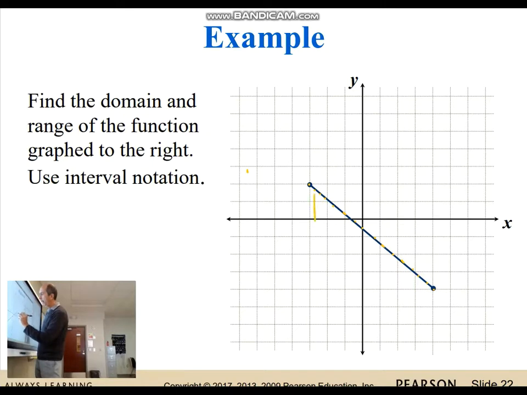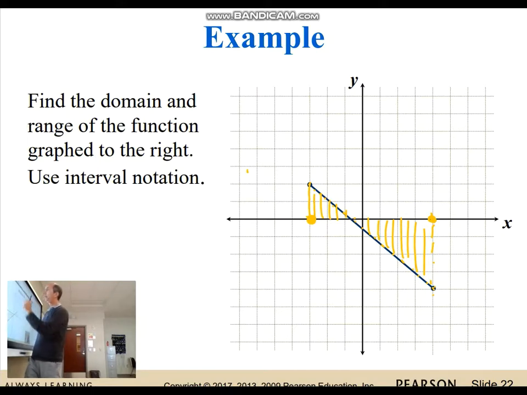That means the x coordinates we can check here. One of the endpoints, the lowest one, has the lowest x coordinate, and this is the other endpoint with the highest, with the greatest x coordinate.